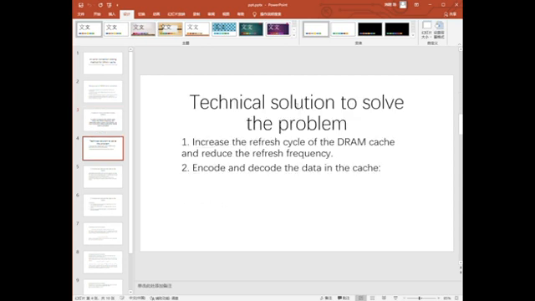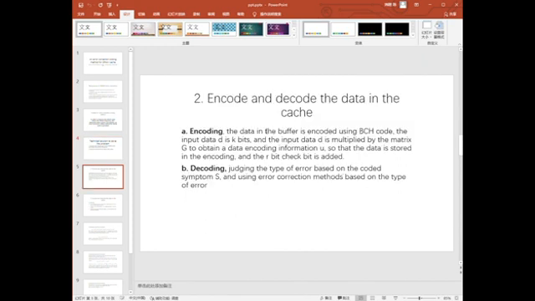The technical solution to solve the problem is, first, to increase the refresh cycle of the DRAM cache and reduce the refresh frequency. Second, encode and decode the data in the cache.